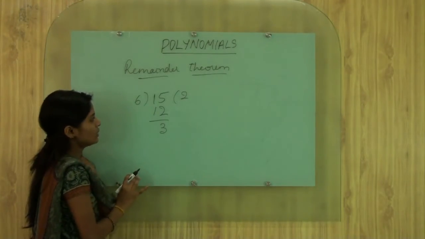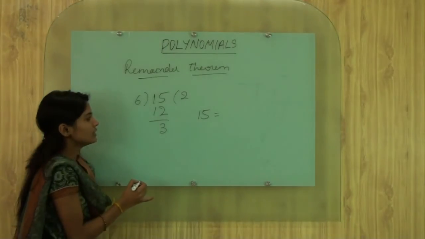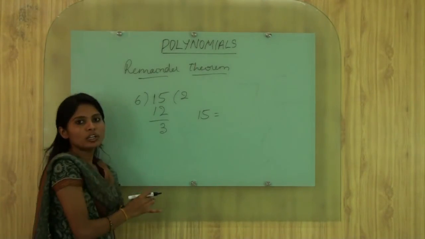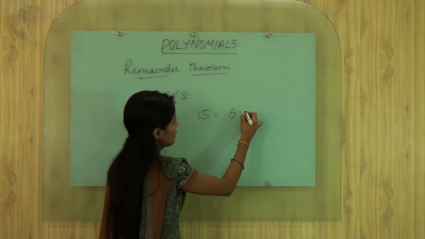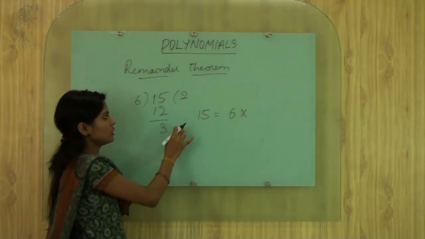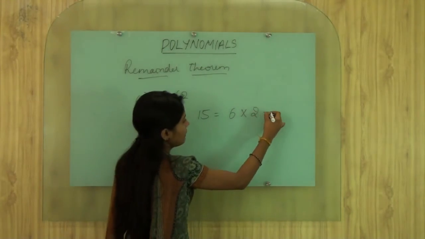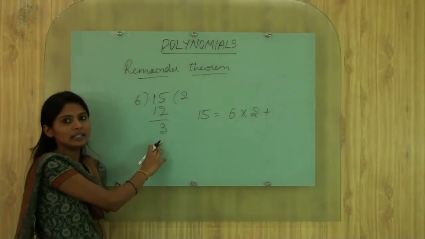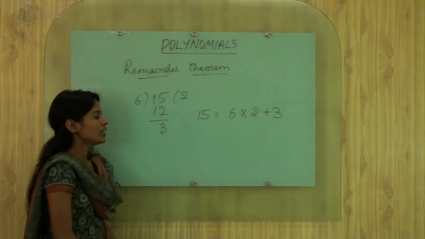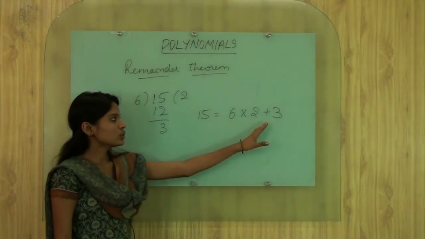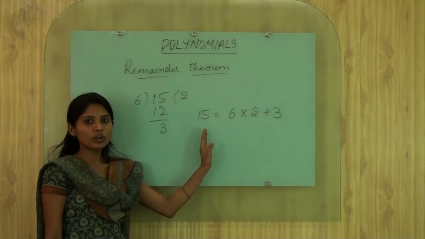How do you write this value? 15 is equal to, that is, dividend is equal to divisor, which is 6, into quotient, which is 2, plus the remainder. Remainder is 3. So you will get the value: 6 into 2 is 12, 12 plus 3 is 15. So we got the value.